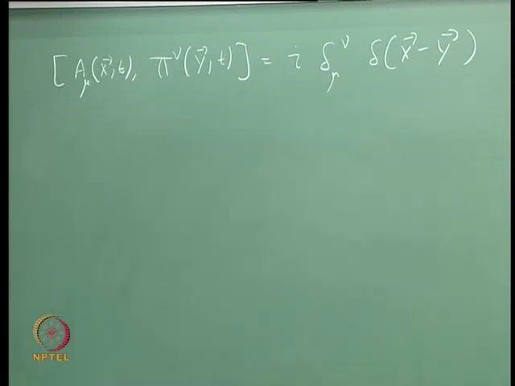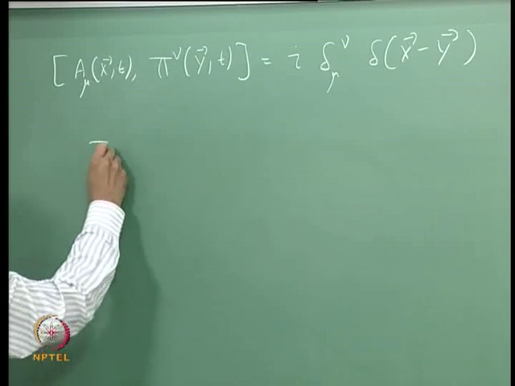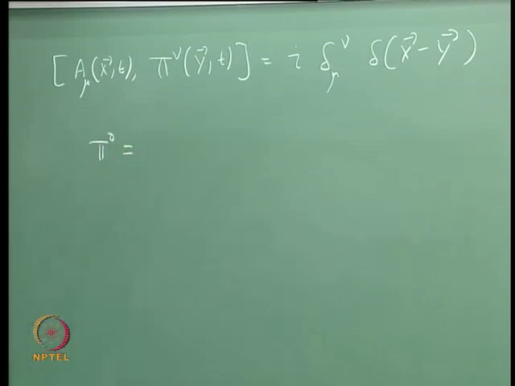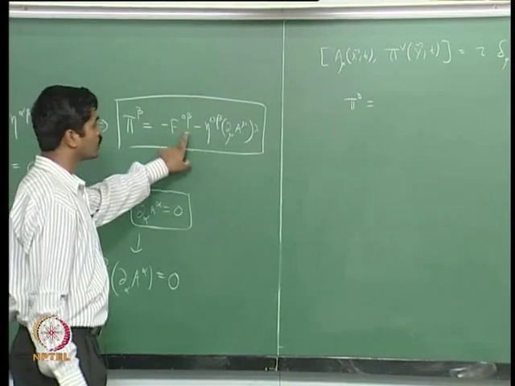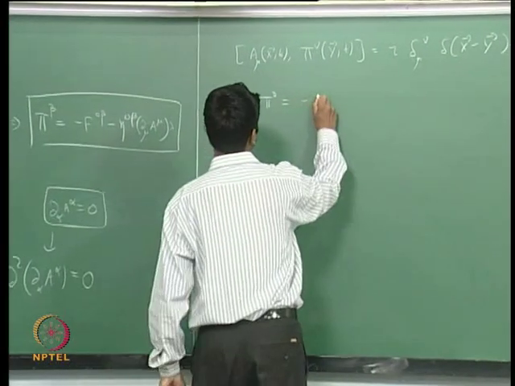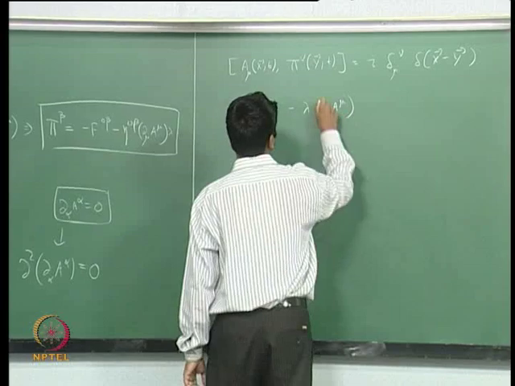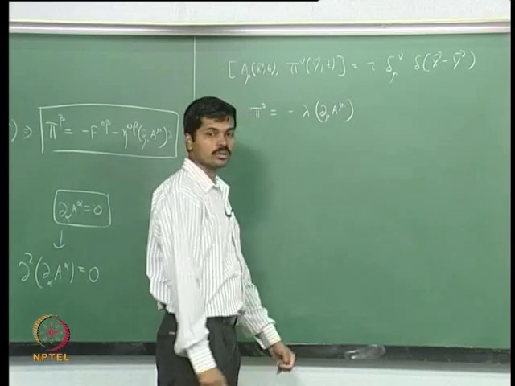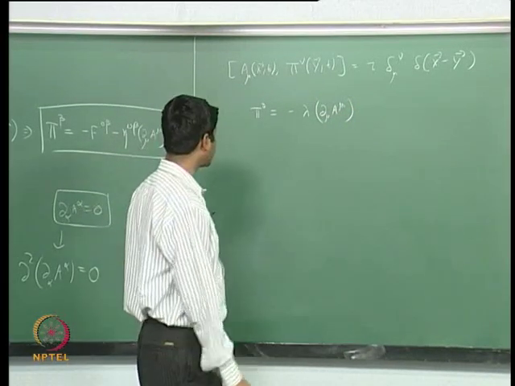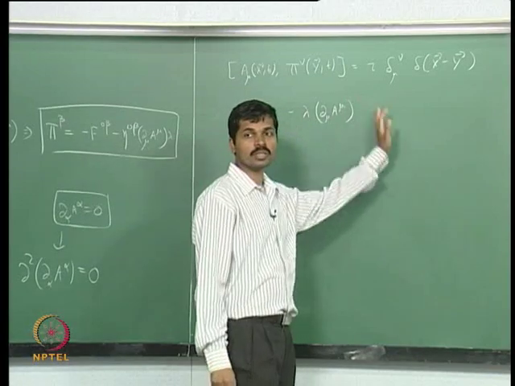but you can see that pi 0 from this equation is basically, F 0 0 is 0, so pi 0 is simply minus lambda times del mu A mu. So, you cannot set del mu A mu equal to 0 as an operator equation.